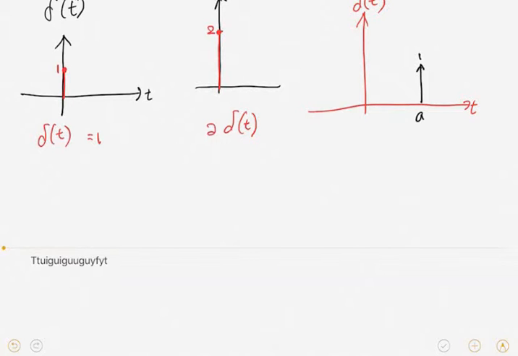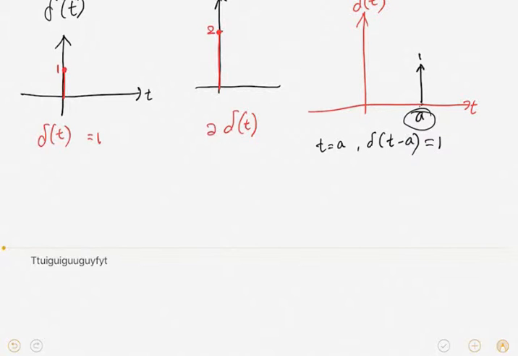So when t equal to a, this is delta t minus a. We write it this way if this location here is t equal to a. Because it shifts to the right, it is t minus a. If it shifts to the left, it is delta t plus a. So now a is at the right, so it's t minus a equal to 1.